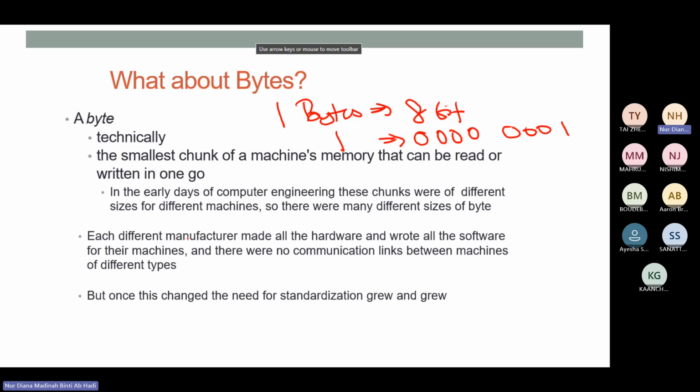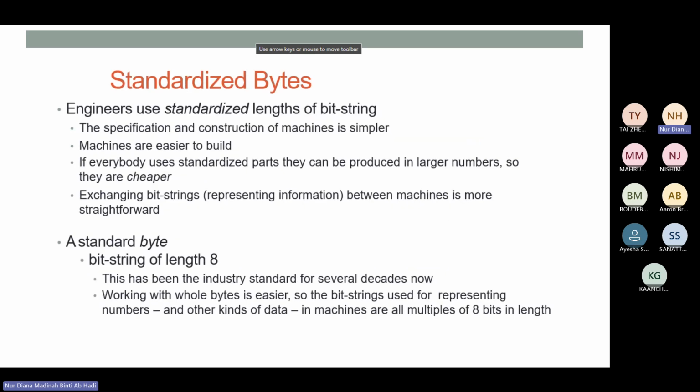Each manufacturer made all the hardware and wrote all the software on their machine. Therefore, there would be no communication link between machines of different types. But once this changed, the standardization grew and grew. So, standardized bytes.